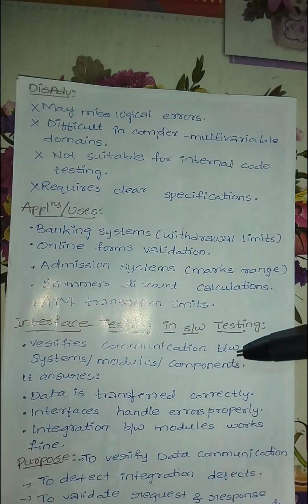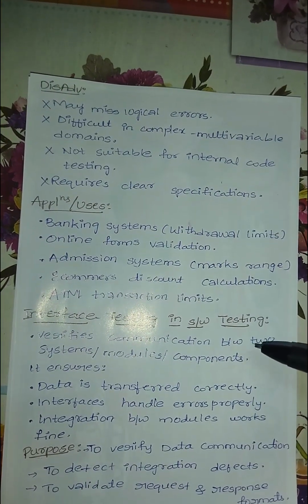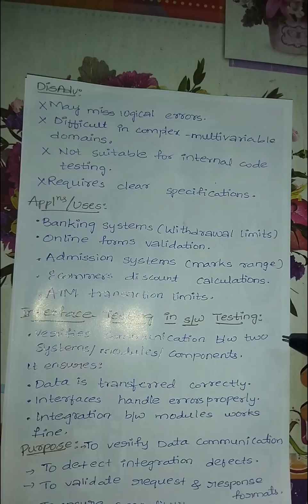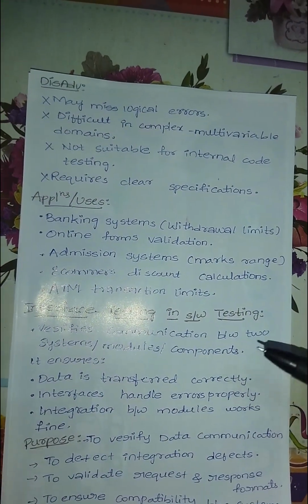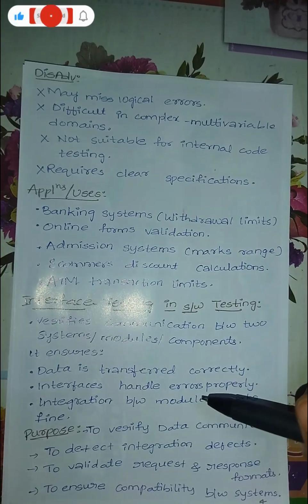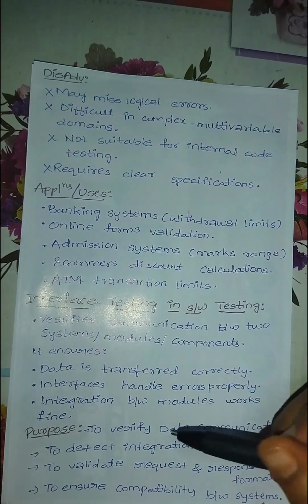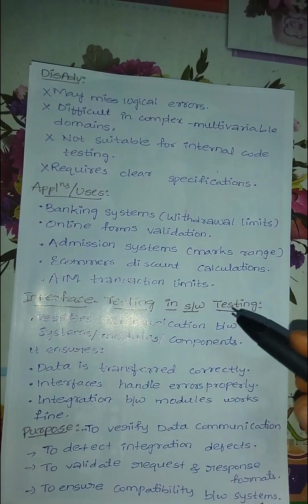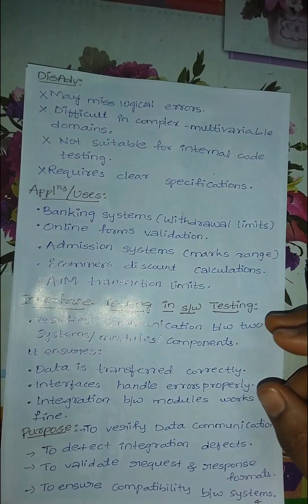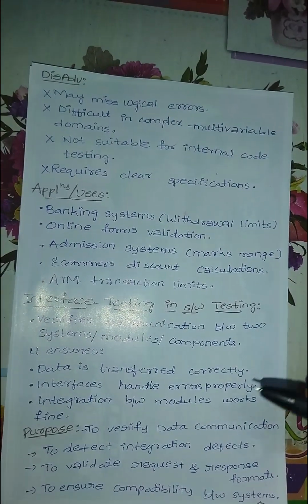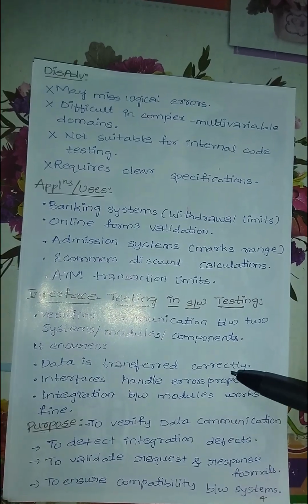Interface testing in software testing is used for verification of communication between two systems, modules or components. Data is transferred correctly in interface testing. The interface acts like a mediator between two systems, modules or components. It handles errors properly and integration between modules works fine when compared to other testing techniques.